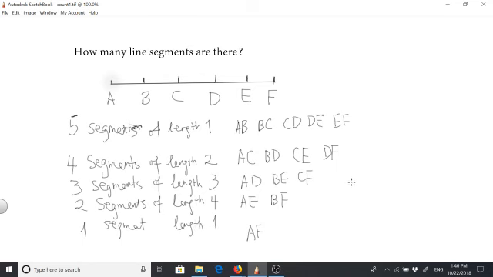So now we are able to add up, and the total will be 1 plus 2 plus 3 plus 4 plus 5. But this is actually an addition that we know how to do in an easy way because there is a pattern here. It's an arithmetic sequence.